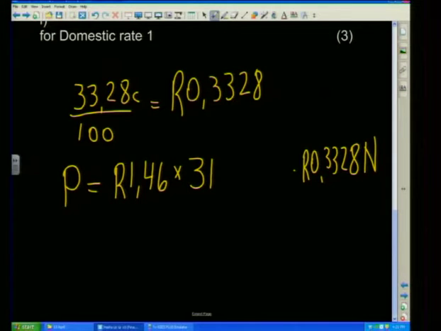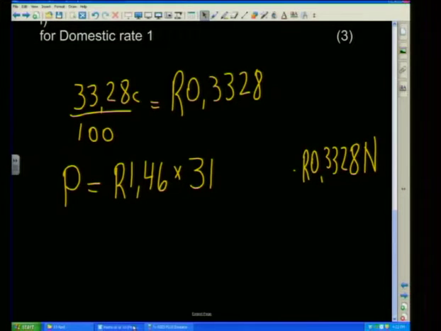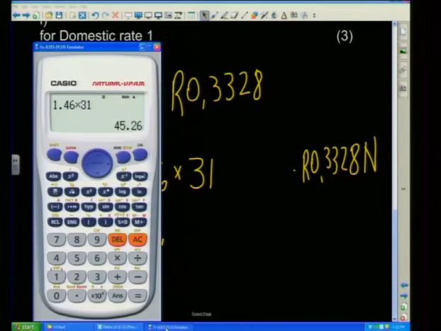I know we calculated it earlier, but let's just do that calculation again. It was R1.46 times 31, which gave me an answer of R45.26. So I knew what my fixed rate was. It was 45 Rand. I can't remember these numbers. 45.26.